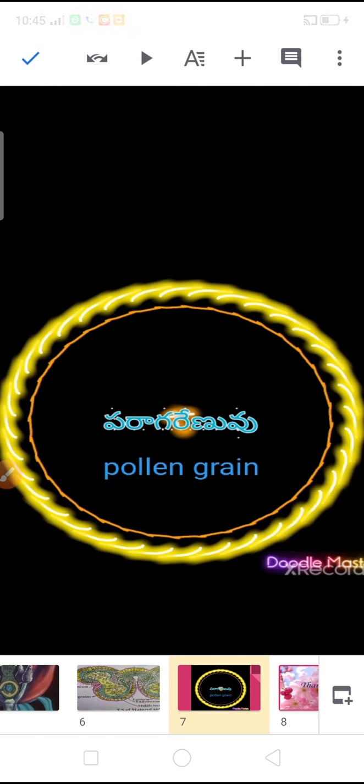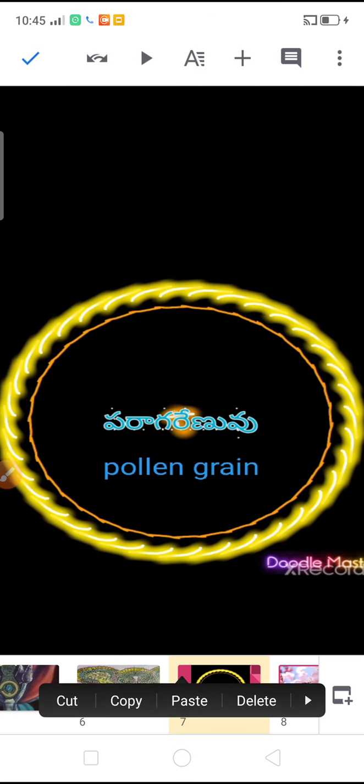The outer layer has pollen kit. It produces an oily coating over some pollen grains, called pollen kit. It helps as an insect attractant during pollination and protects pollen from UV radiation.